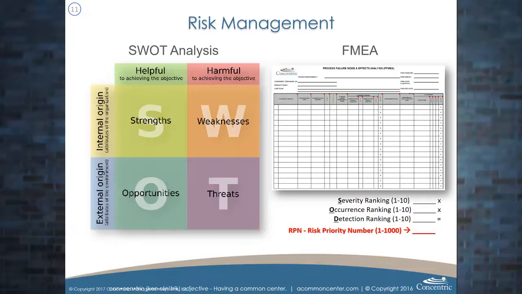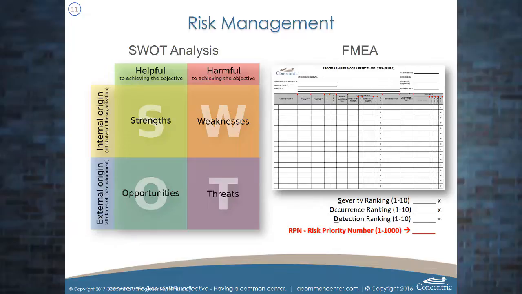And then your strengths, you want to continue to strengthen your strengths as well. So SWOT analysis is a very, very simple tool to use versus FMEA, which is failure modes and effects analysis, which is much more difficult to use. It's a great, great tool, but it's certainly a lot more complex.